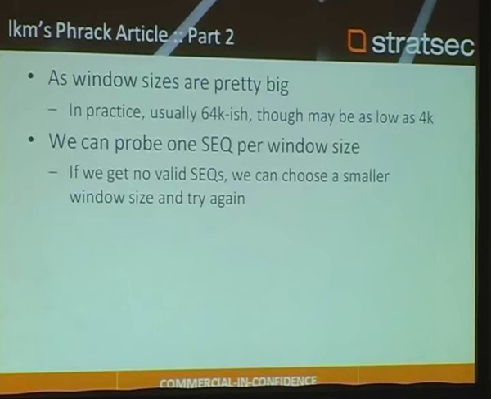As I mentioned before, window sizes are pretty big. They're usually around 64K. Sometimes they can be considerably bigger with scaled window sizes, but they can be as low as 4K. It really depends on the kind of network and devices communicating. Since we're mostly talking about Windows here, 64K is a pretty reasonable assumption, which means we only have to probe 2 to the 32 divided by 64K, which is also 64K.